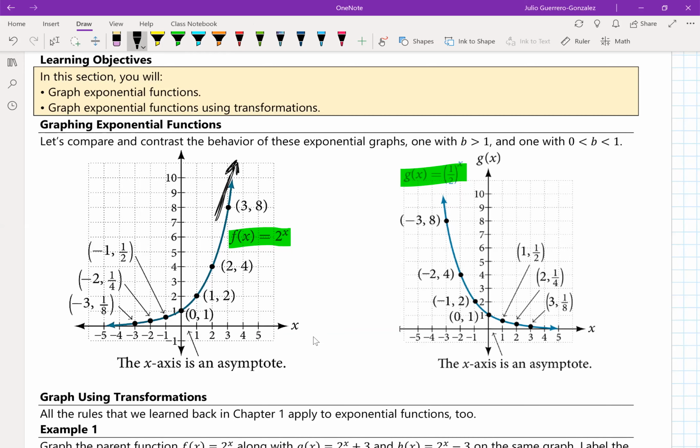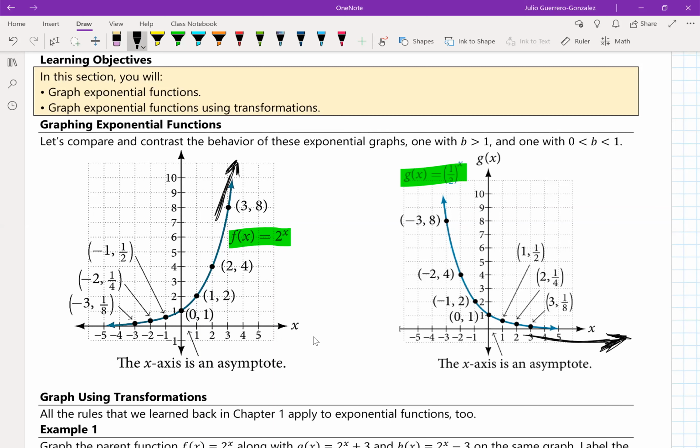So this one, if you go toward the positives, is increasing. But the other one, as you go to the big positives, begins to decrease.